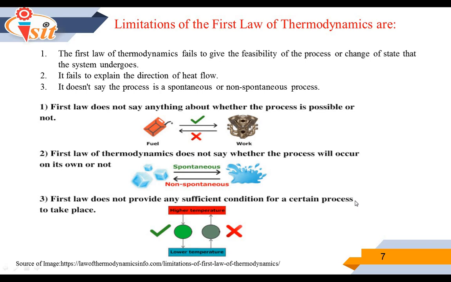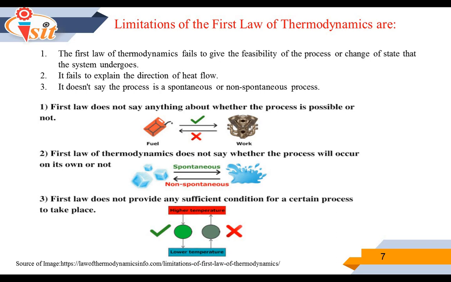So again, third, the first law does not provide any sufficient condition for a certain process to take place. If we take the example that we already know, heat always flows from a higher temperature body to a lower temperature body, but the reverse process is not possible. Now if we want to make this reverse process possible, will it occur on its own? No. Can we transfer heat from a lower temperature body to a higher temperature body without doing anything?